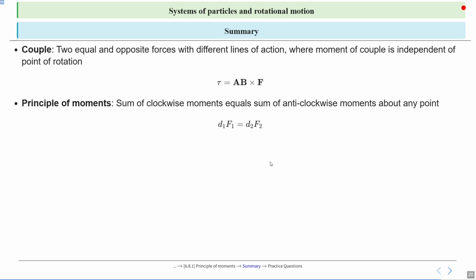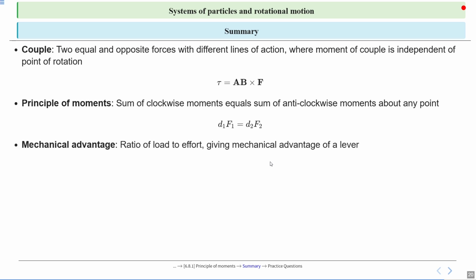So D1 F1 is equal to D2 F2. This relation is very important, so remember this: D1 F1 is equal to D2 F2. Mechanical advantage is the ratio of load to effort, giving the mechanical advantage of a lever: MA is equal to F1 divided by F2, which is equal to D2 divided by D1.